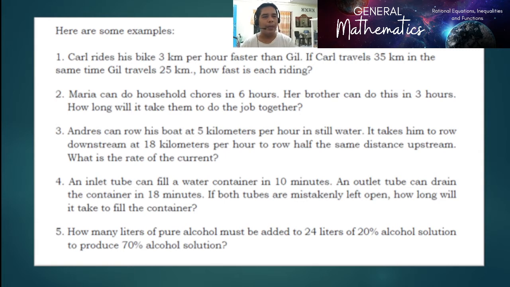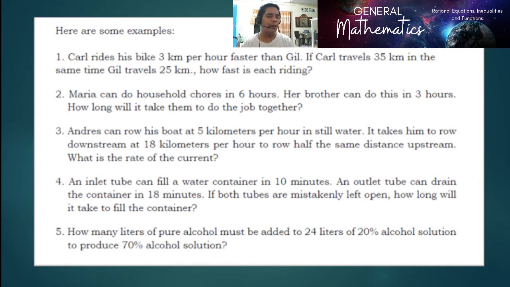Ano pa? Work problem. Aside from that, we also have the rate problem, and the other one is percentage problem. Pag binasa niyo yan, they may be expressed as rational expressions.